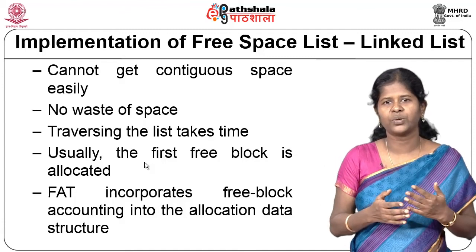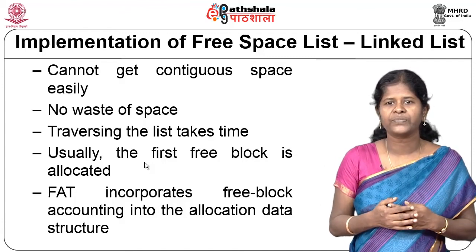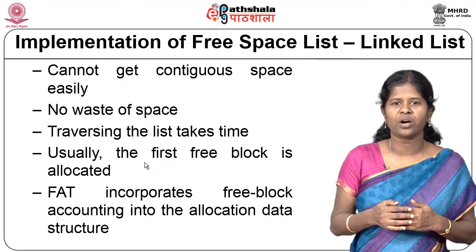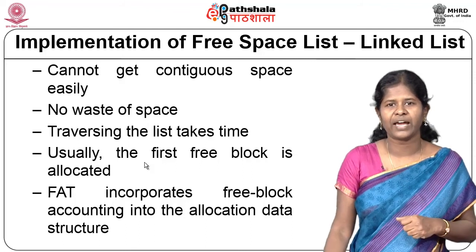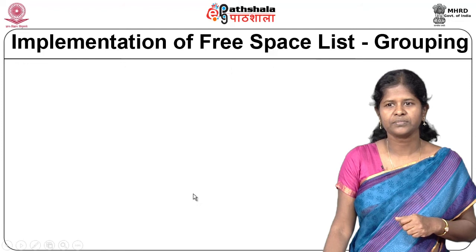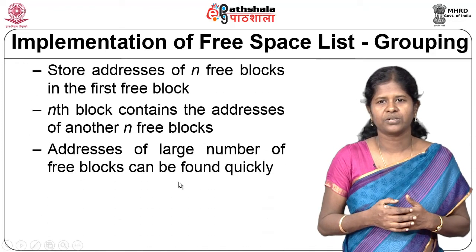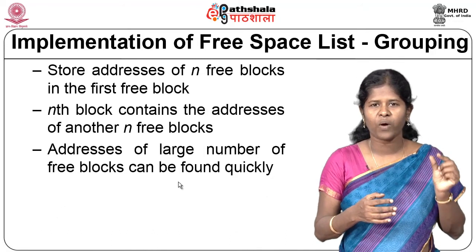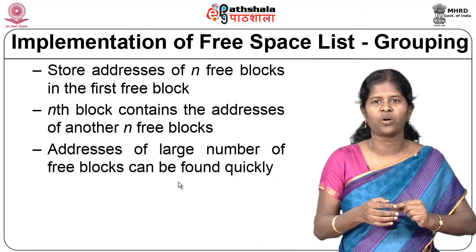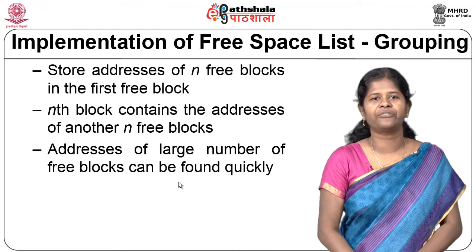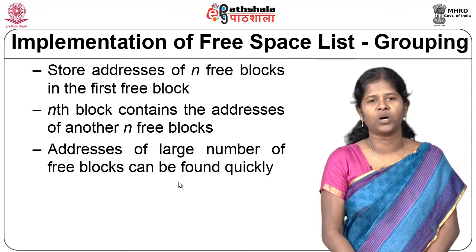The FAT, which we saw just before, incorporates this free block accounting along with the file allocation data structure. The next method is to group disk blocks. Rather than having a link from one free disk block to another, here the first free block stores the addresses of n free blocks.